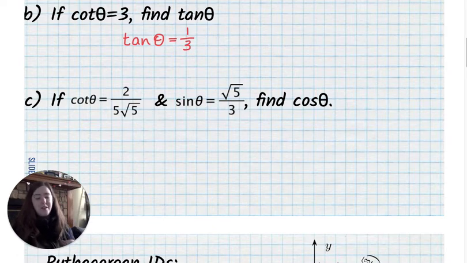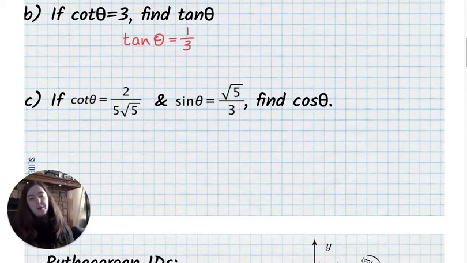Like 2 has to be cosine because that's on top. 5 square root 5 has to be sine because that's on the bottom. No, remember, that's a ratio. And there's a bunch of different things that could simplify to give me 2 over 5 square root 5.